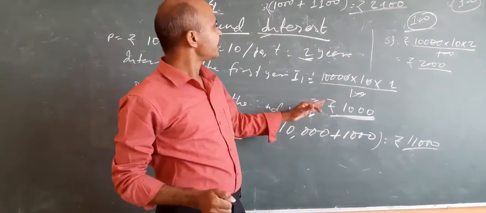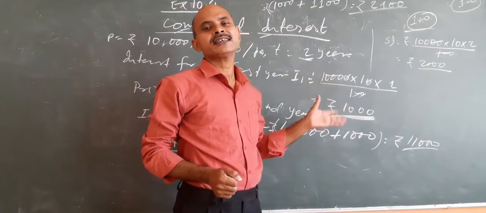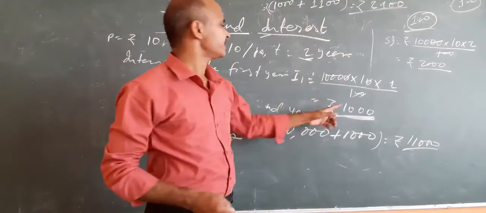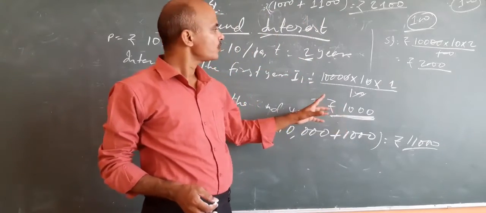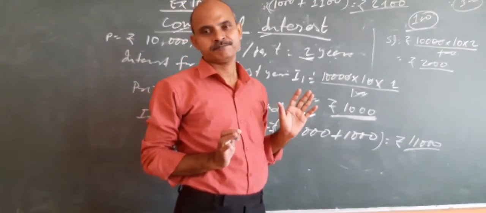So we have paid interest on interest. Compound interest means interest on interest, so the compound interest is 100 more than simple interest.